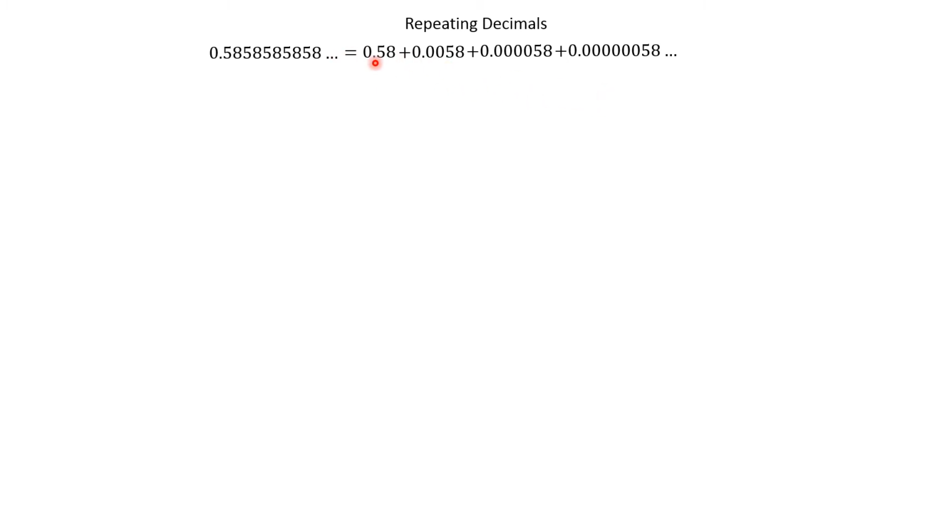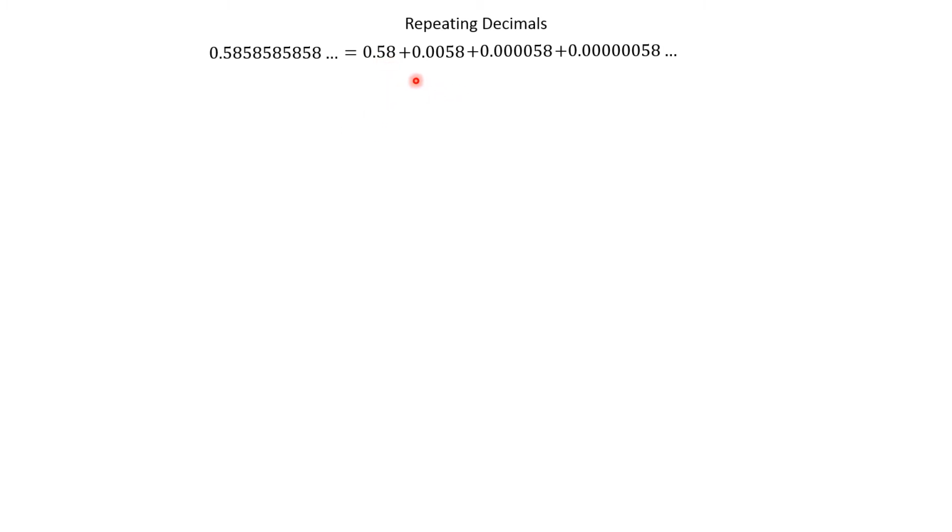Well, when we're adding zeros, we're multiplying by a power of 10, or dividing by a power of 10. And specifically, 10 to the second, because there's 2 zeros. So we could write this as a sum. The first term is 0.58.